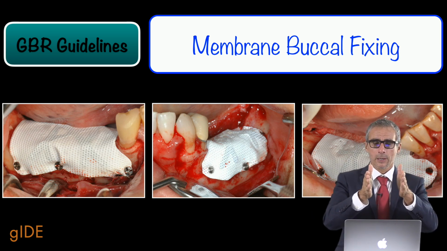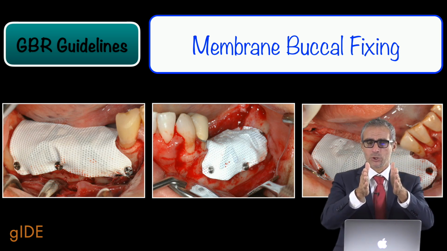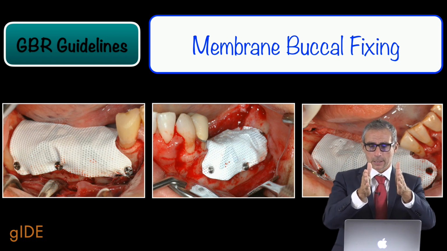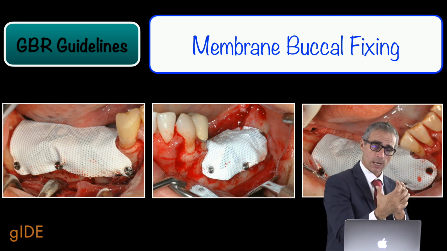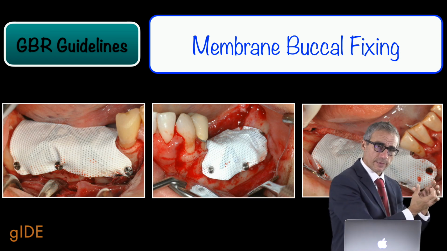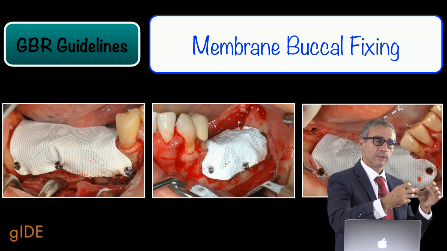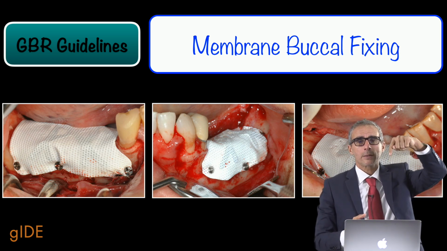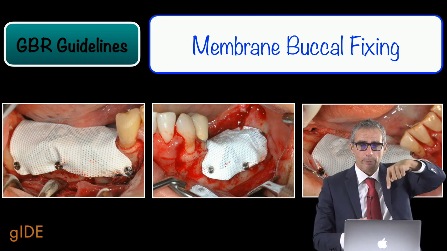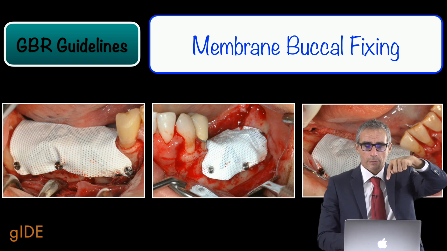And when we managed to stabilize the perfect relationship between the shape that we gave to the membrane and the defect, we have to place our finger on top of the membrane.